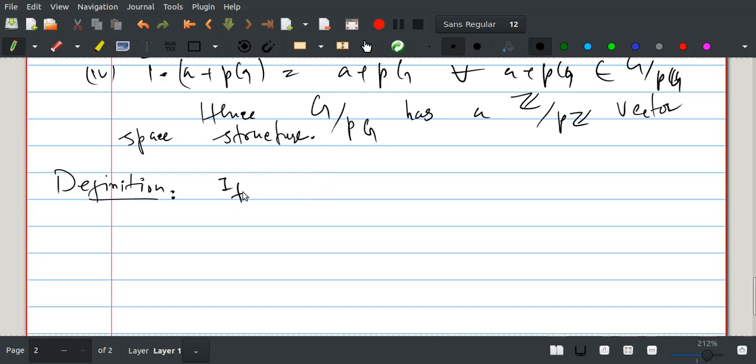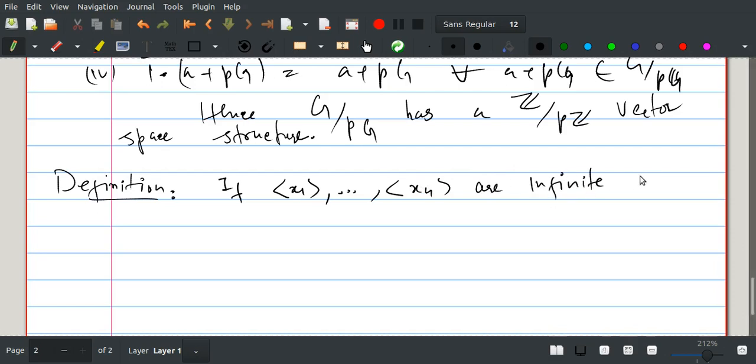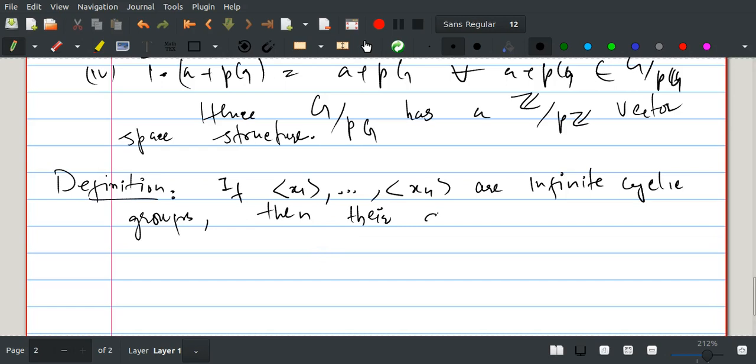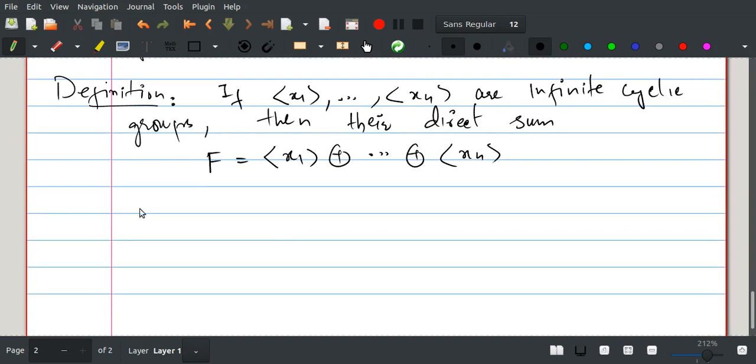So if x1 through xn are infinite cyclic groups, then their direct sum x1 direct sum so on direct sum xn, let us denote this by F, is called a free abelian group.